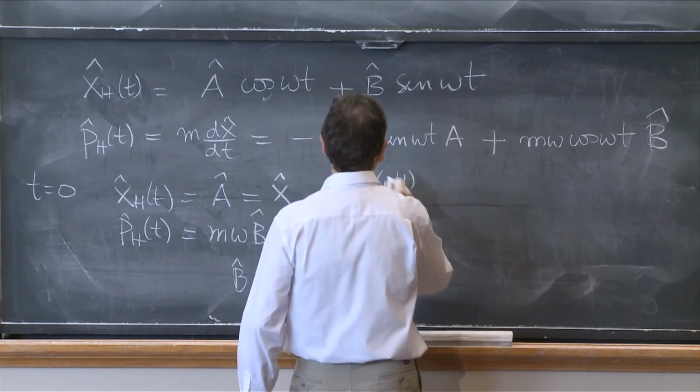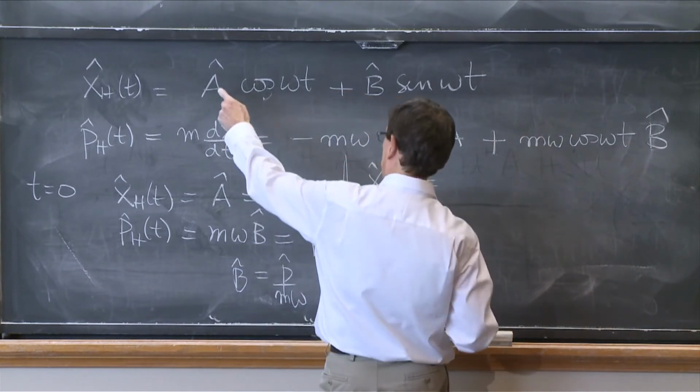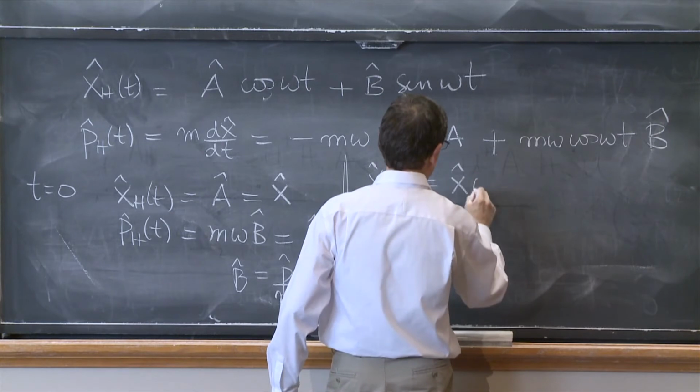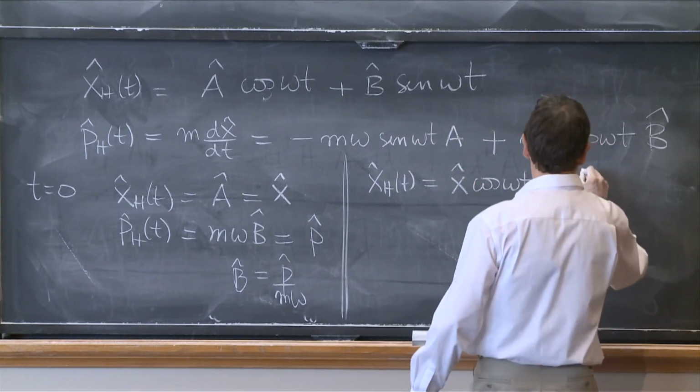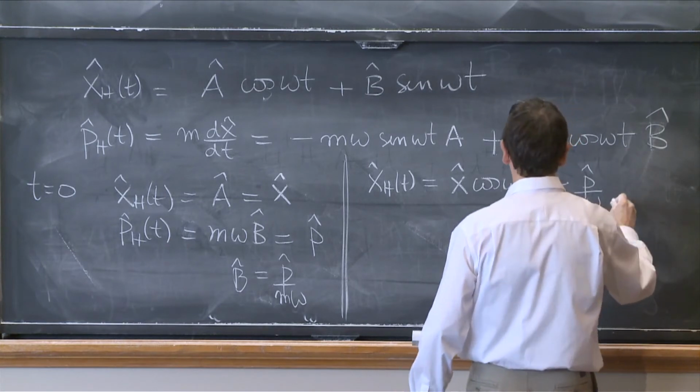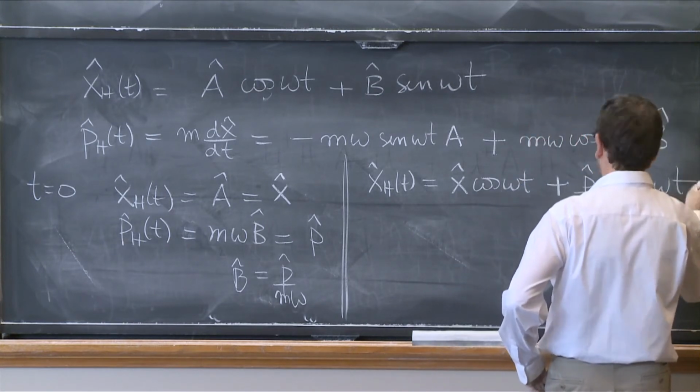x_H of t is equal to a, which is x hat cosine omega t, plus b, which is p hat over m omega sine omega t.